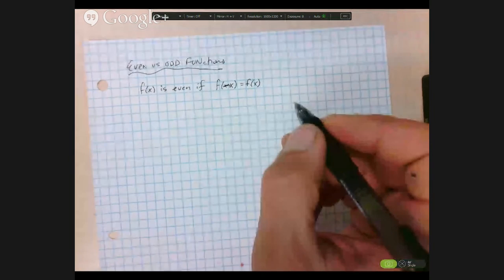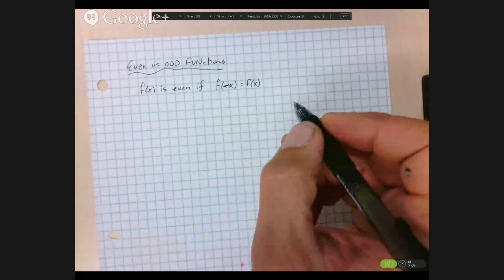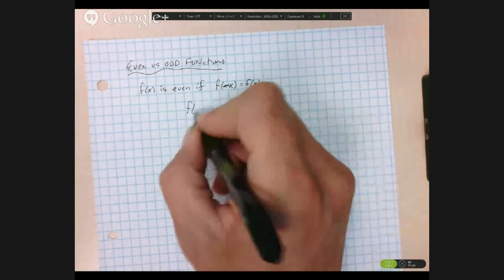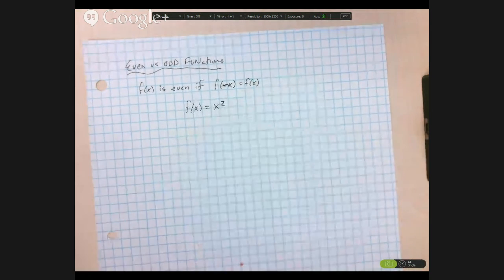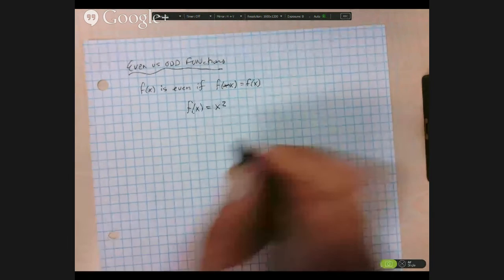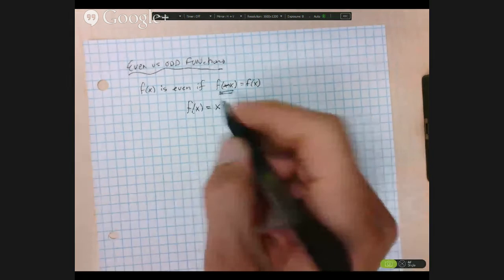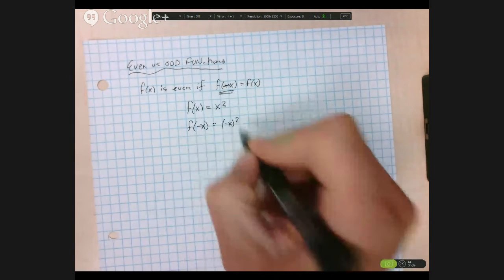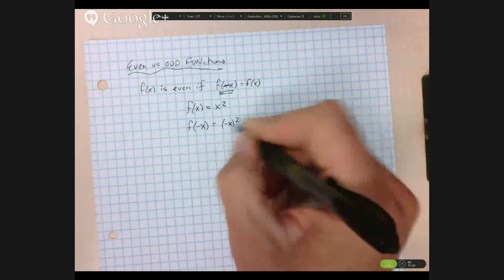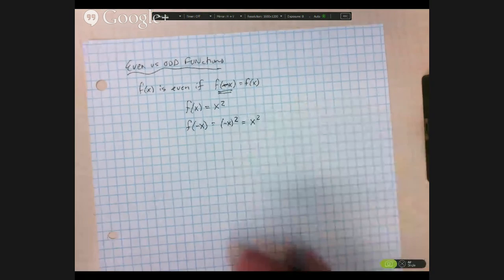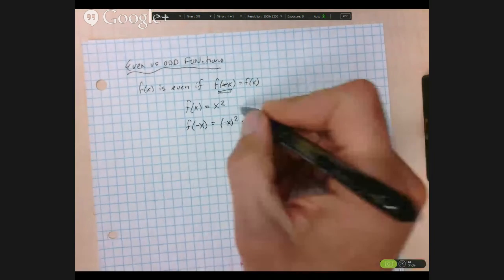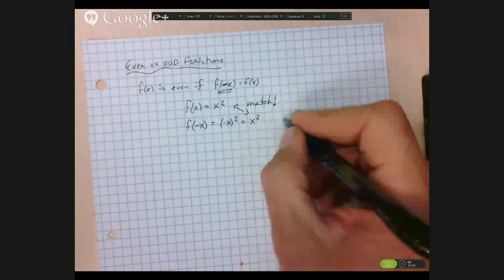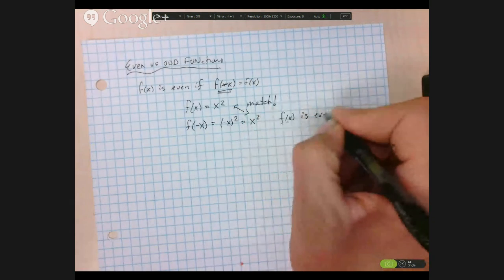Let me show you one. Let's do this one. Okay, if f of x is x squared, I'm going to test it, and what happens to a negative when you square it? It becomes positive. So they match. Yay! Okay, so f is even.